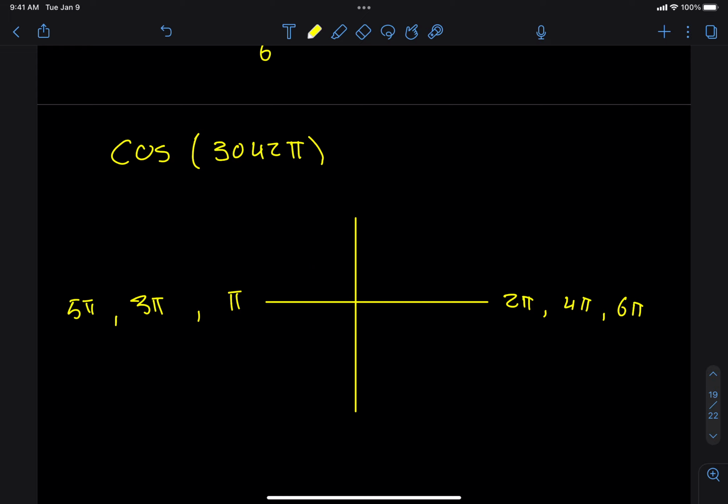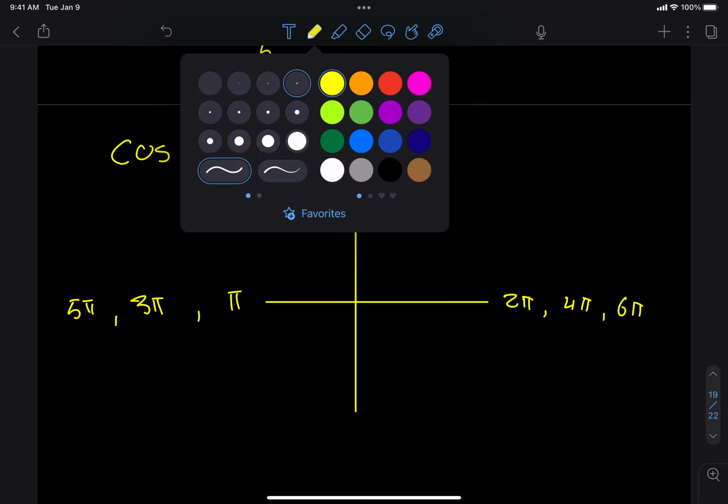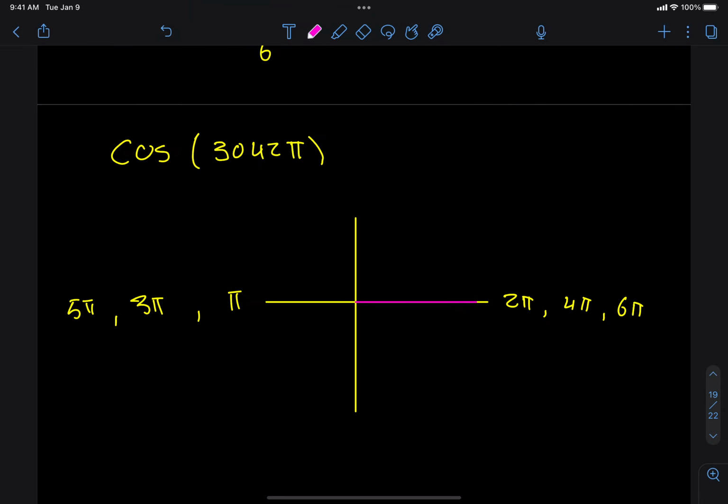So what is my reference angle going to be for 3042 pi? Yeah, it's going to be 2 pi or actually 0. So we want this angle going this direction. This is our terminal side. So what is cosine going to be? If we were to draw a unit circle, then cosine is going to be the x-coordinate of this point, which is what?